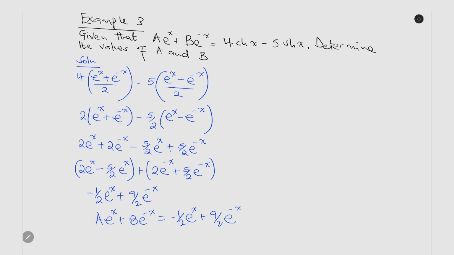If you write it this way, you can obviously see now that a is equal to negative a half and b is equal to 9 over 2. Those are the values of a and b.